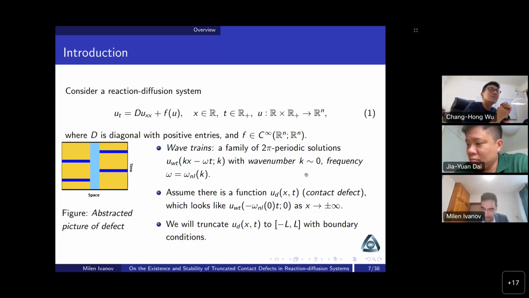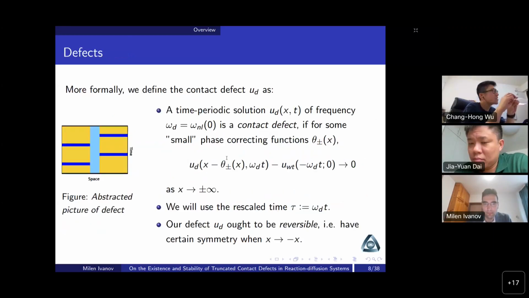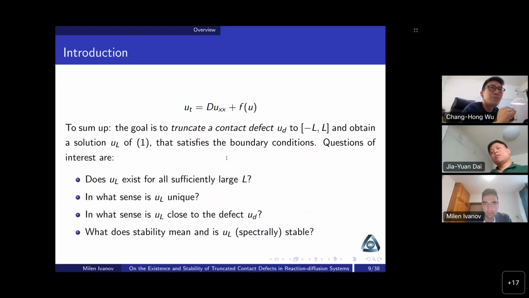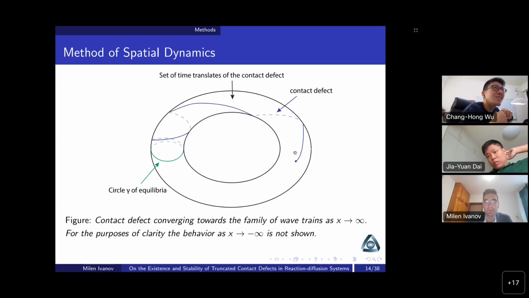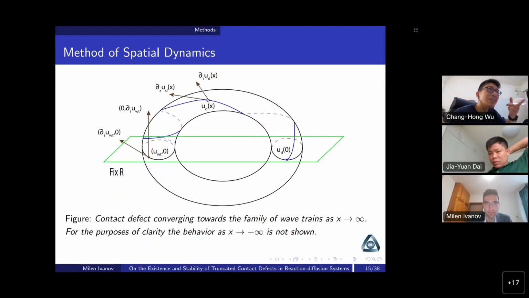Okay, I see. Another small question is about the picture showing the torus, with a blue curve. Next. So you showed ∂_x u_d and ∂_t u_d. Here, do you need to show the two vectors are independent?